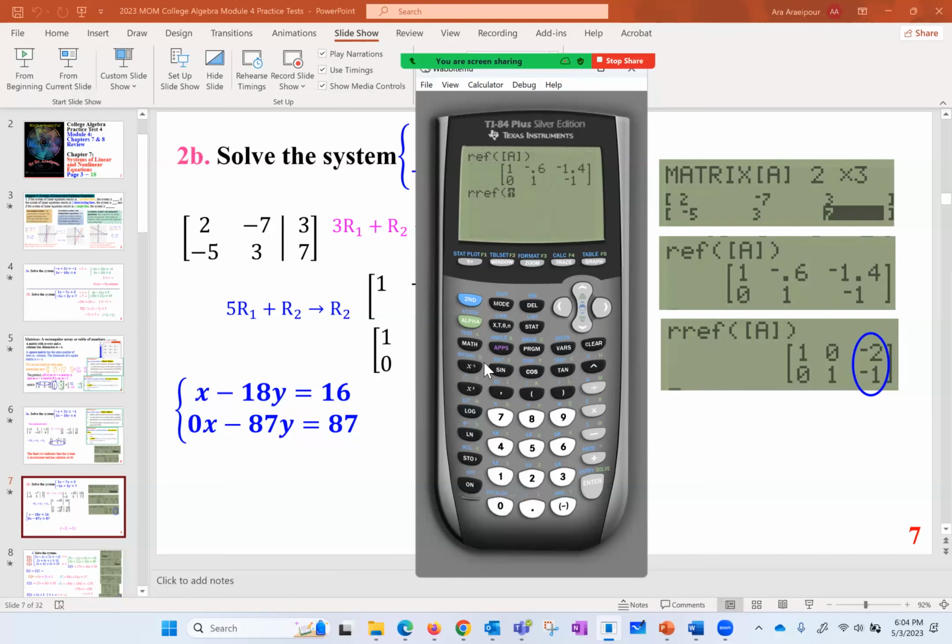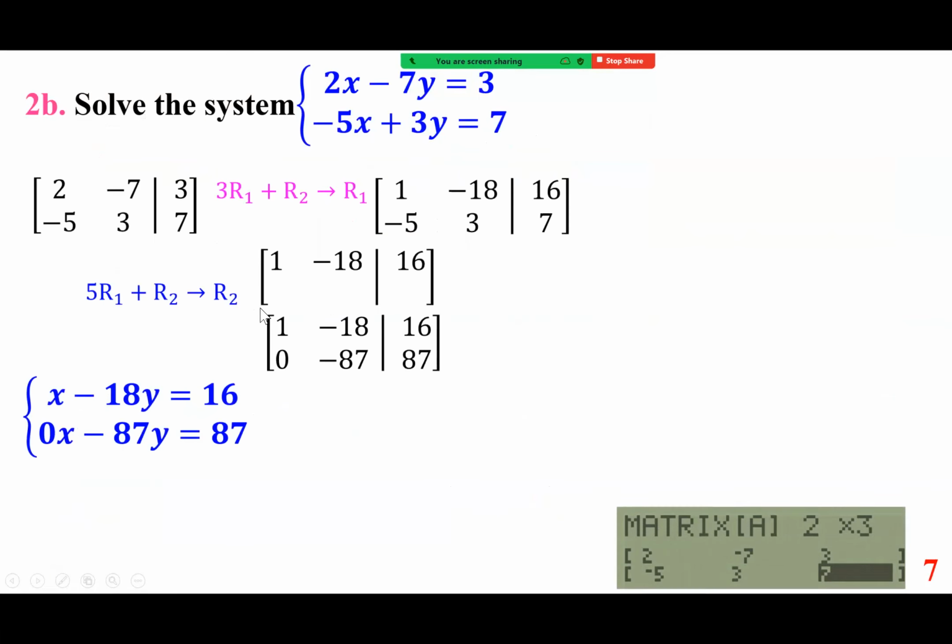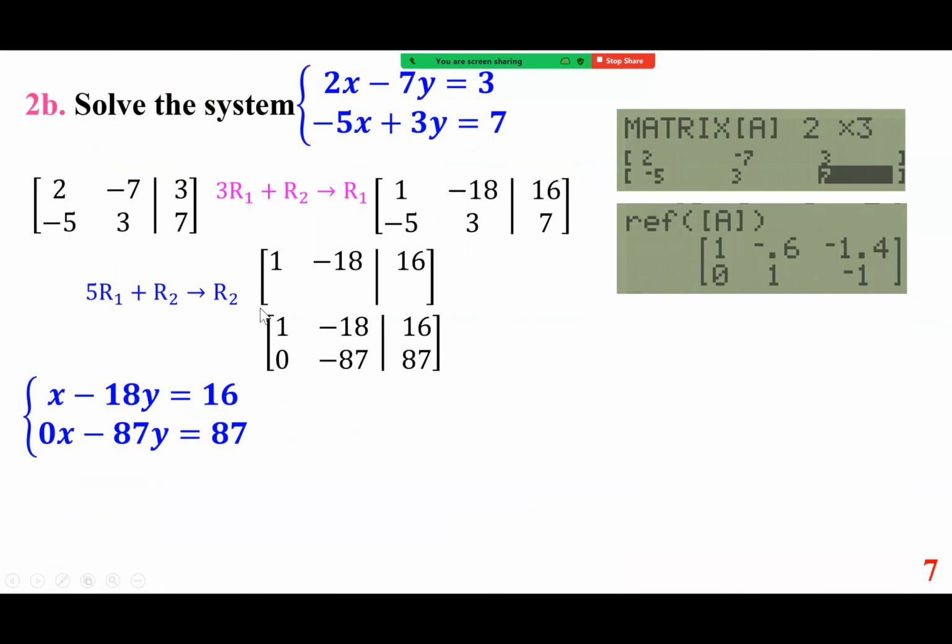And again, second, this is matrix x to the power -1, makes it matrix A, and a parentheses. See, I needed the parentheses last time. And now it gives me the same answer as here. So I'm showing you how to work with a calculator as well. So we finished that.